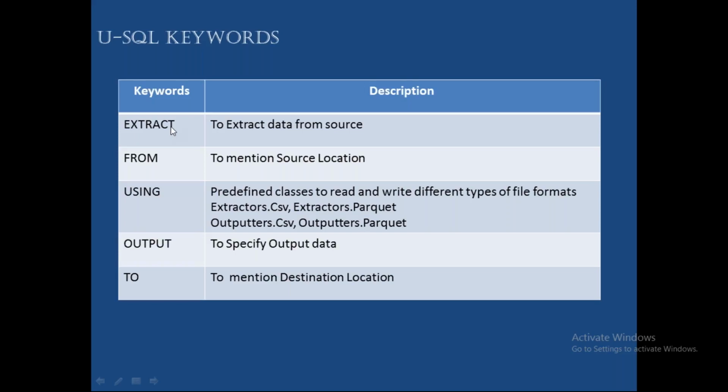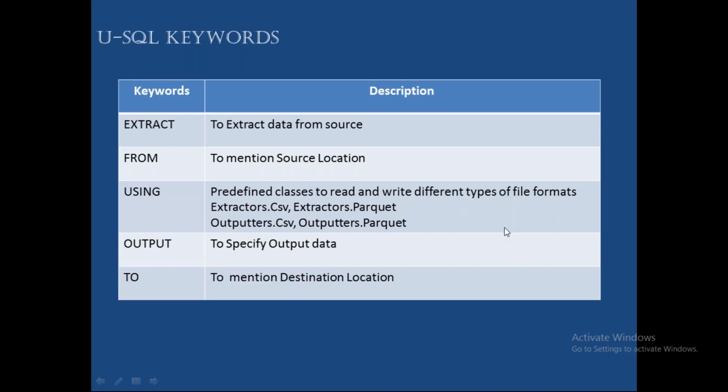To extract from a particular location you need to use some predefined classes. Those are called extractors. If you are going to extract CSV files, you use Extractors.Csv. If you want to extract Parquet data, Extractors.Parquet, Extractors.Avro, something like that you need to mention.